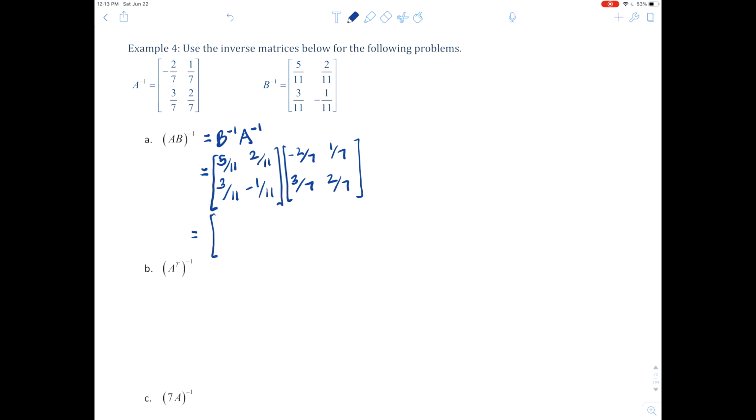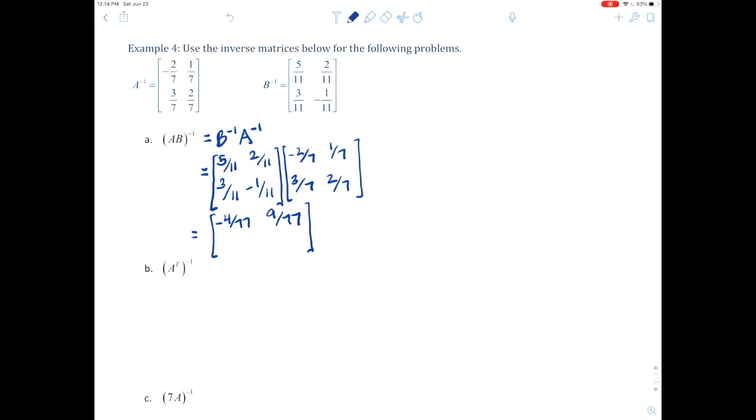We're going to have -10/77 plus 6/77, which will be -4/77. Groovy? And then 5/77 plus 4/77 is 9/77.